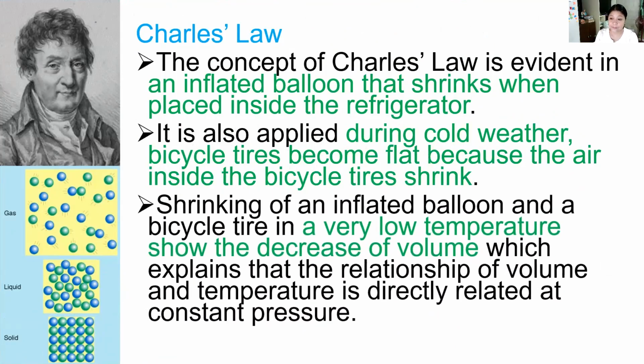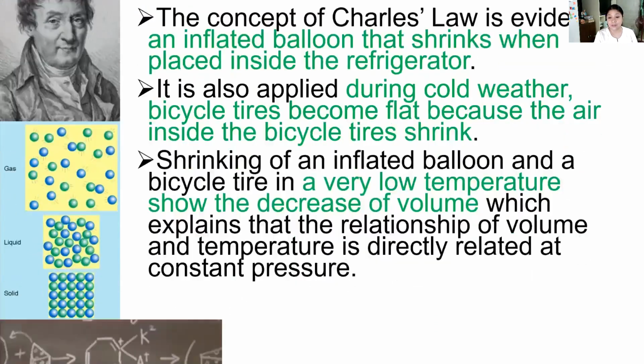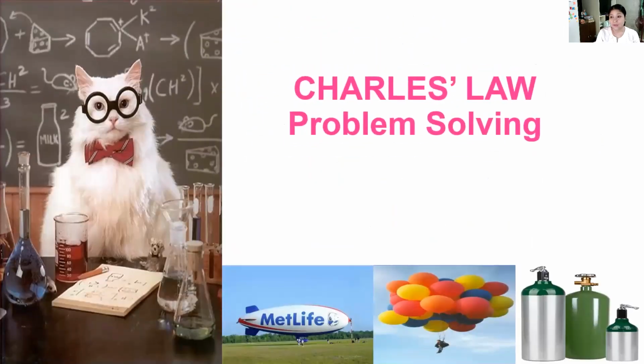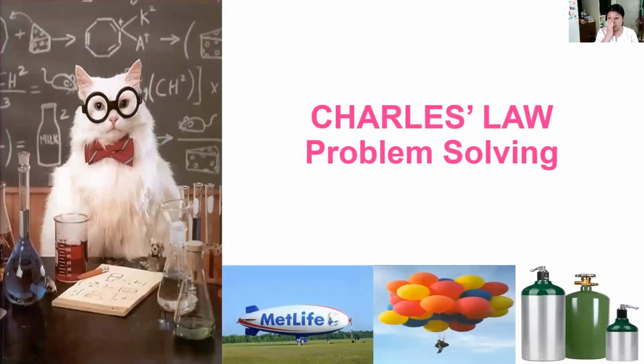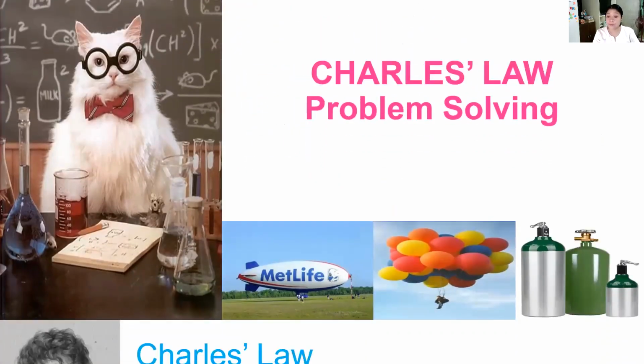The shrinking of an inflated balloon and a bicycle tire at a very low temperature shows the decrease of volume, which explains that the relationship of volume and temperature is directly related at constant pressure. So we go with Charles' law, and it is what you call problem solving.